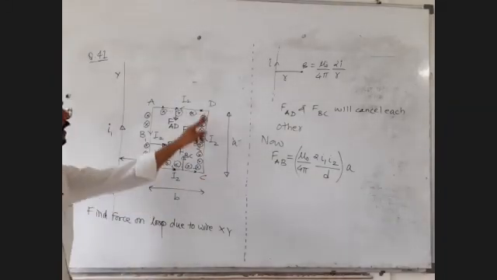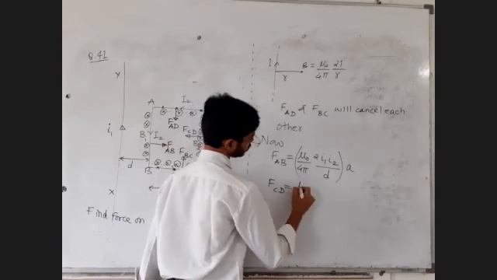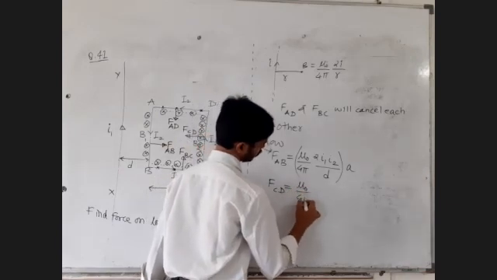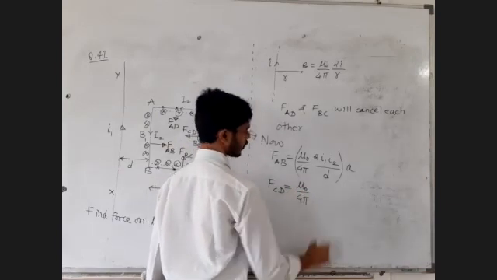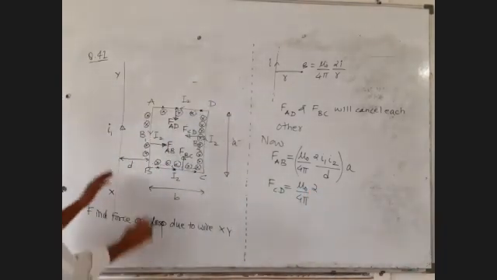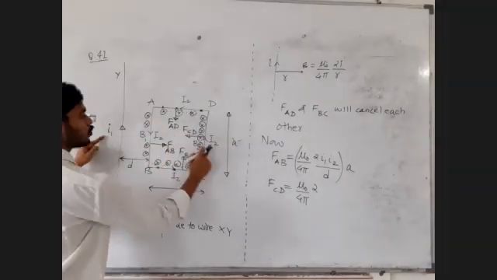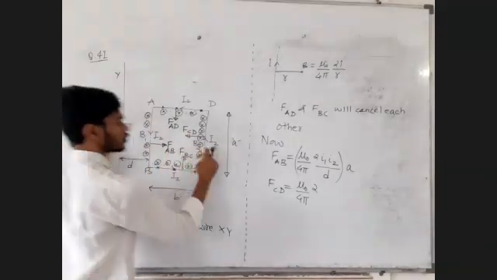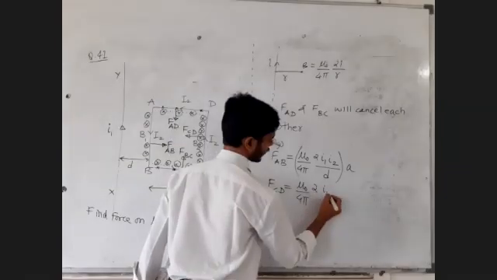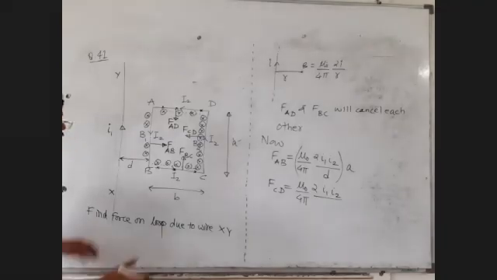Similarly, the force on wire CD is μ0/4π times 2 I1 I2 upon R. I1 is I1, I2 is I2. But what is R here?